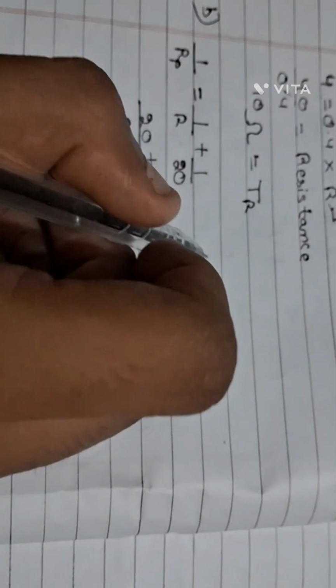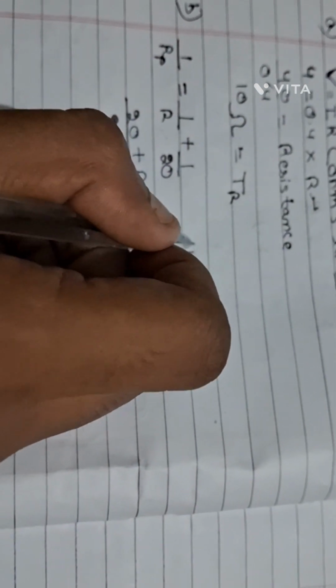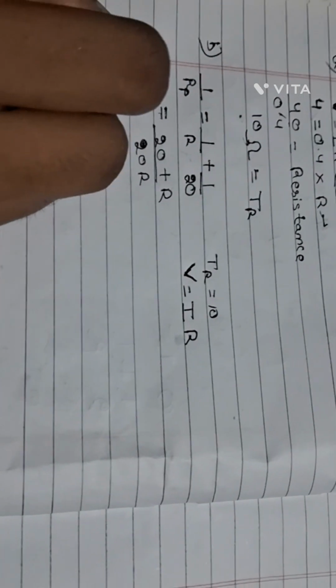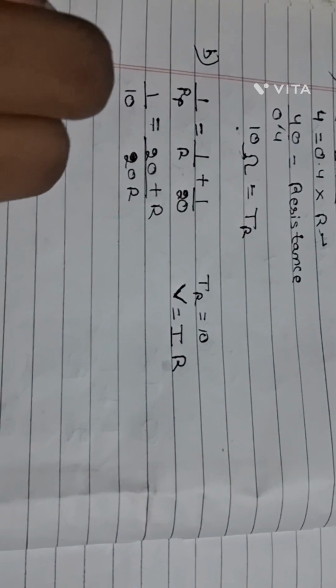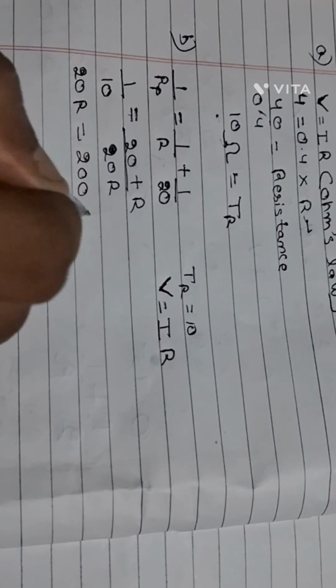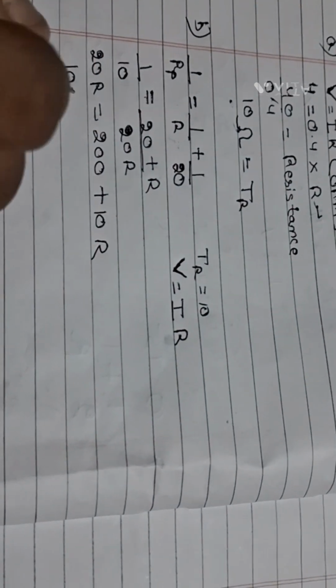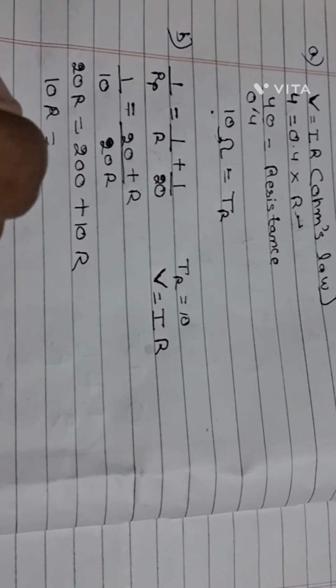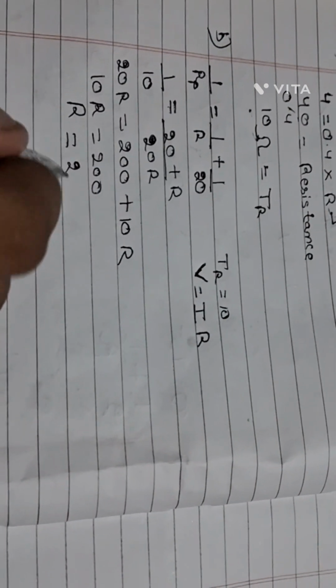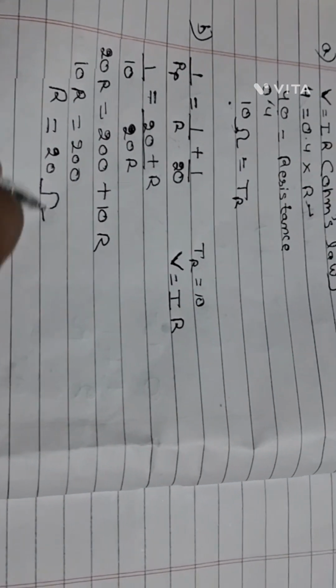We have the total resistance as 10, and we have to find the value of R. Now substituting the value, cross multiplying, substitute, you have got the value of the capital R, which is 20 ohm. Very simple. Now we go to the third part.